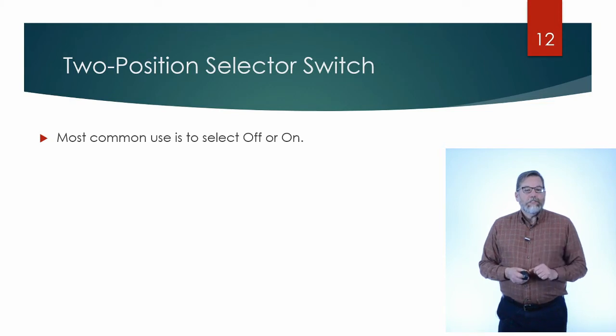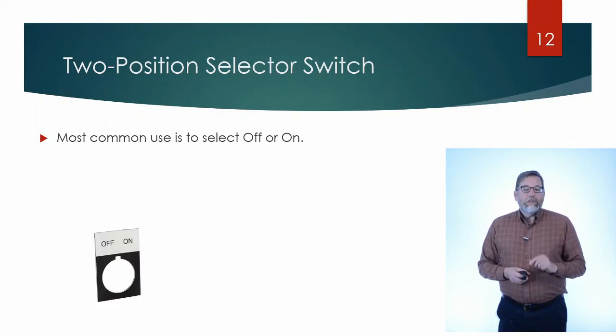Some examples of a 2-position selector switch, most commonly is just used for on-off, to turn a piece of equipment on and off. And this is what's called a legend plate that you can put on top of or around the selector switch, and it's going to denote which position is on and off. So in this case, the left selection would be off and the right selection would be on.